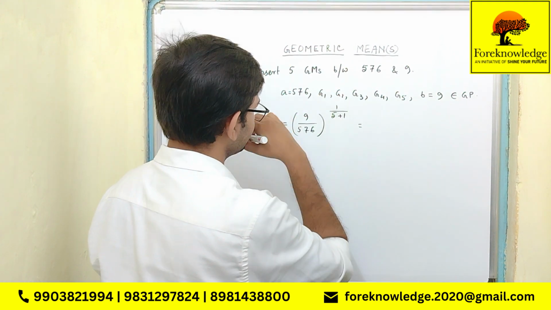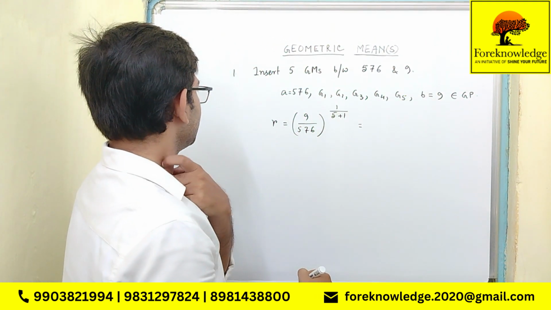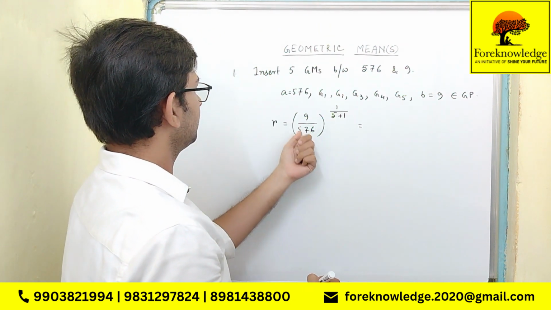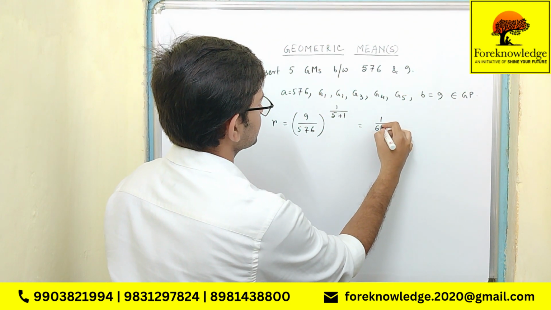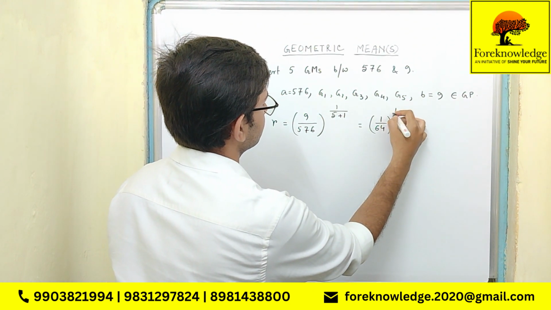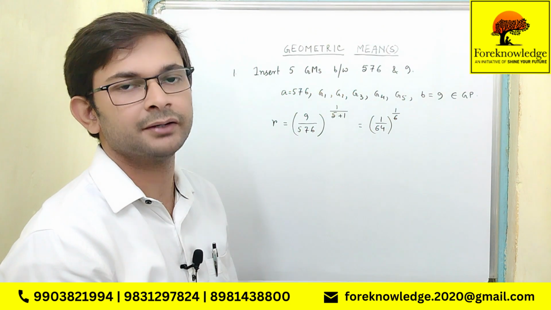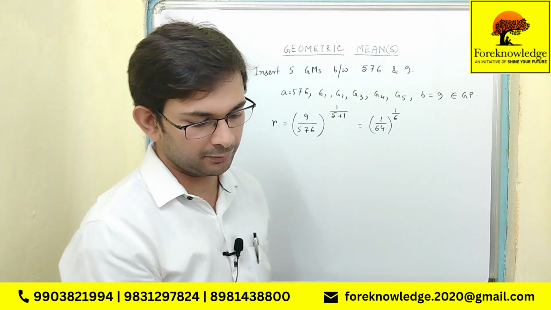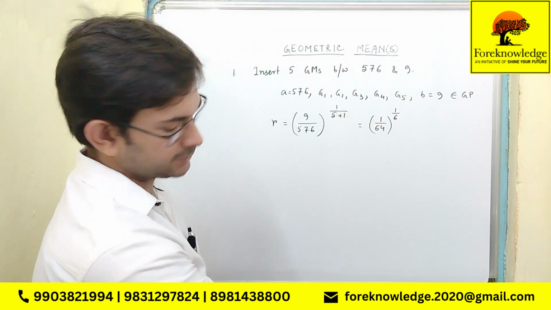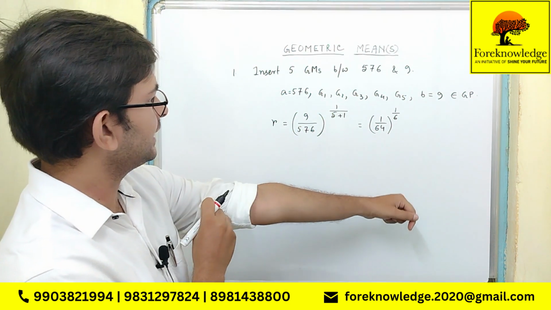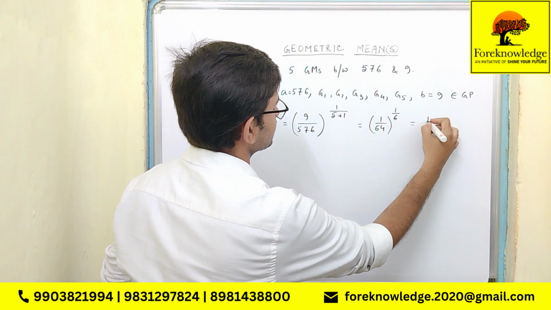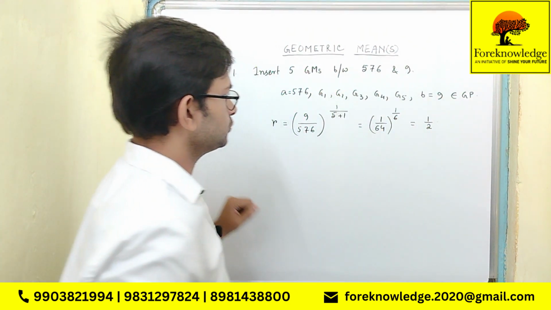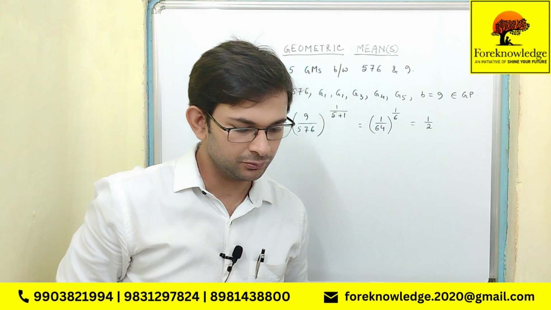If we cancel it out, this is 1 by 64 whole to the power 1 upon 6. The desired result is 1 by 2.